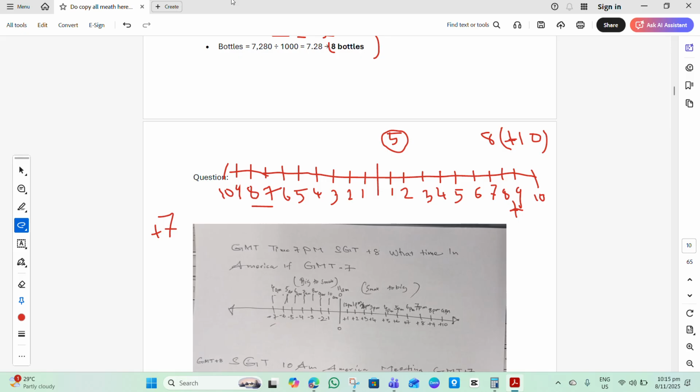There is Los Angeles, -7, and the local time is 1 p.m. So the -7 is the international time, and the local time is 1 p.m. Then Singapore is GMT plus 10. What is the Singapore time?